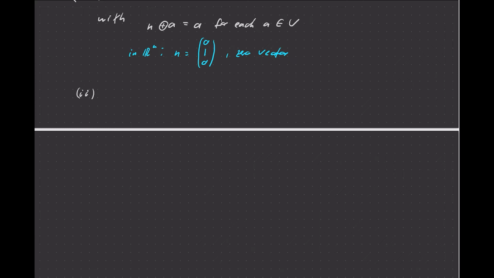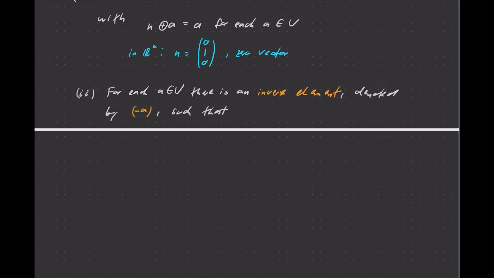So what we need to make sure is, for each vector A in V, there is a so-called inverse element, usually denoted by minus A in the context of addition, such that if we take A and then add the inverse element of A, then the result is the neutral element. So adding A and its inverse does nothing.